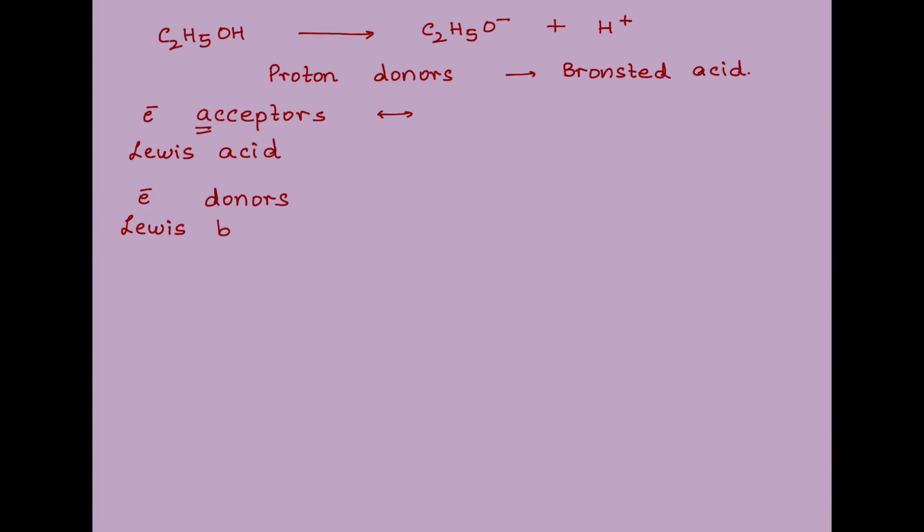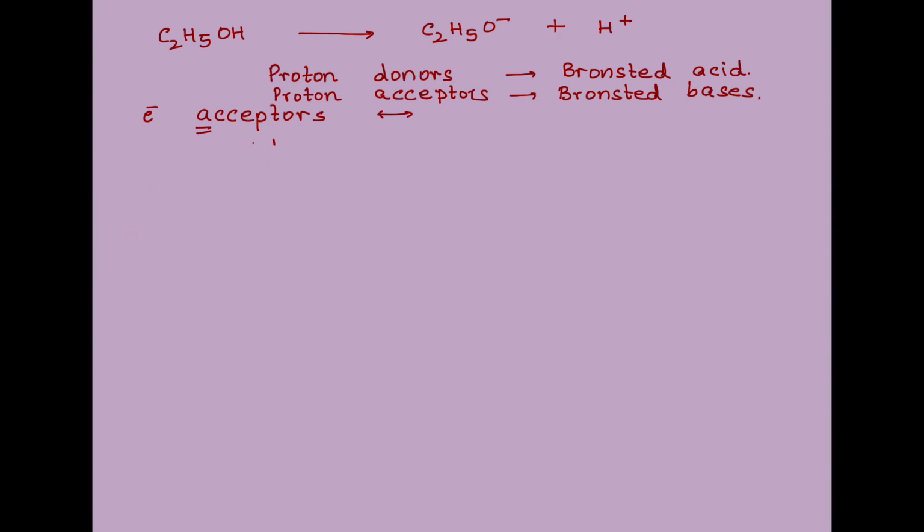According to the Bronsted concept, proton donors are Bronsted acids, whereas proton acceptors will be Bronsted bases. Okay. Have you written all this down? This will add to your knowledge at the same time.